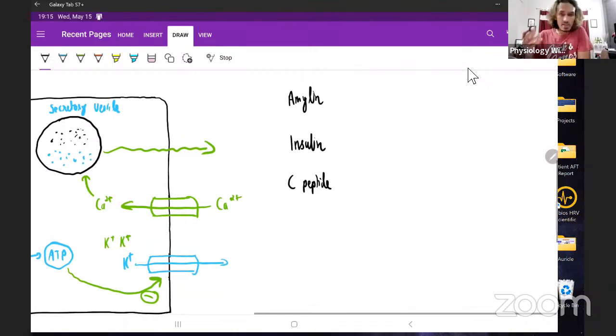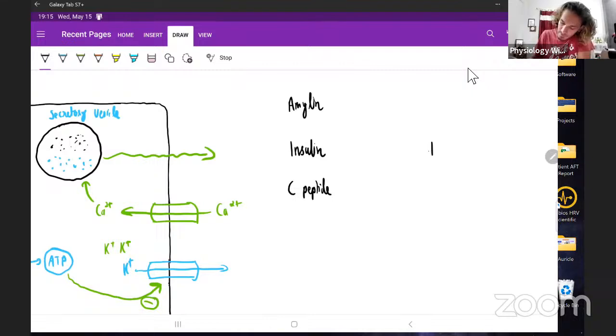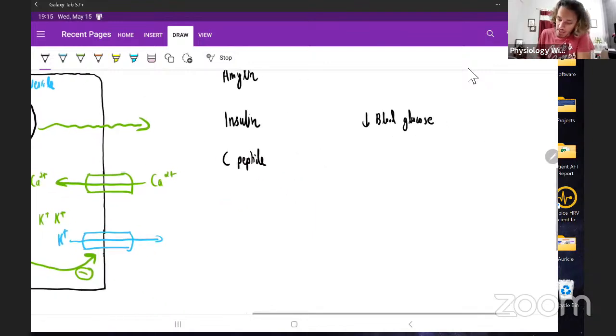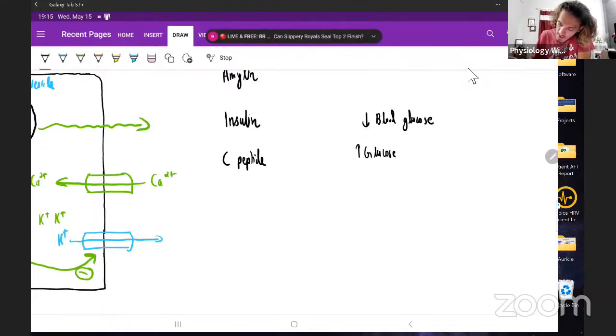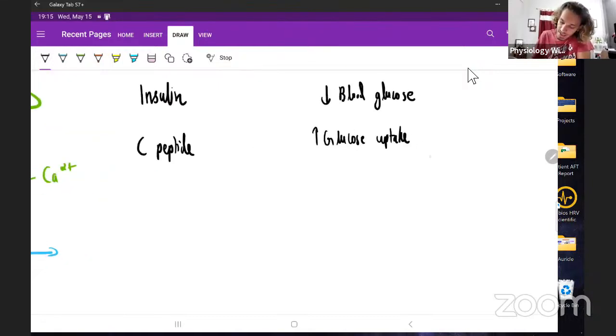Okay, so now insulin, what does it do? It tries to reduce blood glucose. How does it achieve it? One, by increasing your glucose uptake. So glucose uptake into the cells is increased, and glucose utilization.